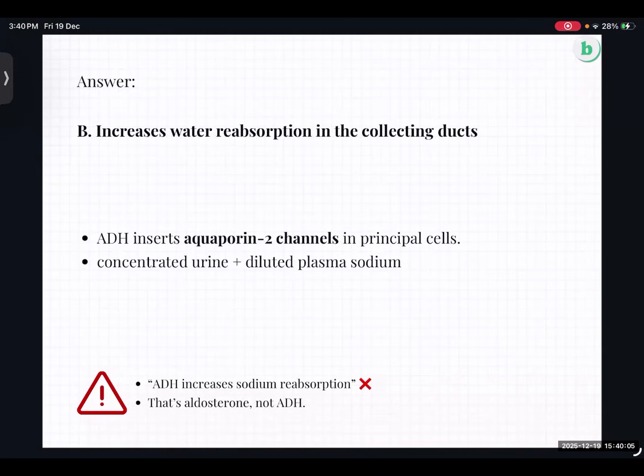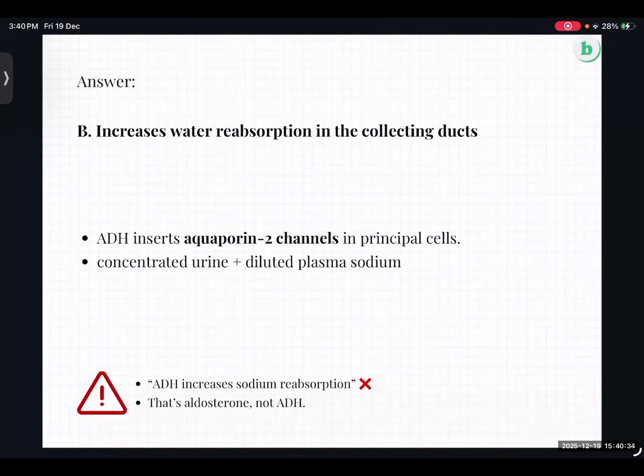Meaning there's concentrated urine because we reabsorbed a lot of the water, and it helps our plasma get diluted, because we're taking the water from our tubules and putting it back in our blood. That means a more concentrated urine and a more diluted plasma.